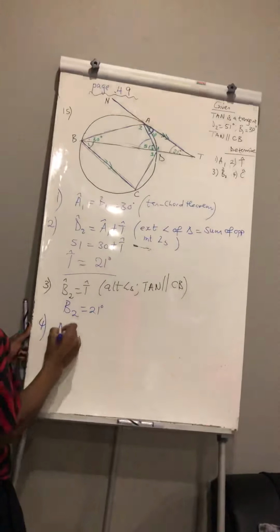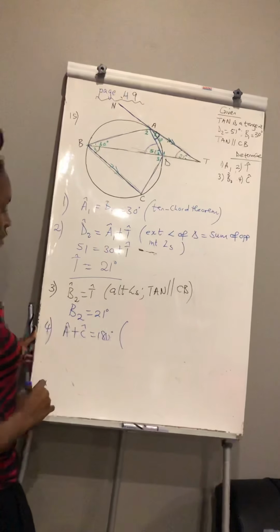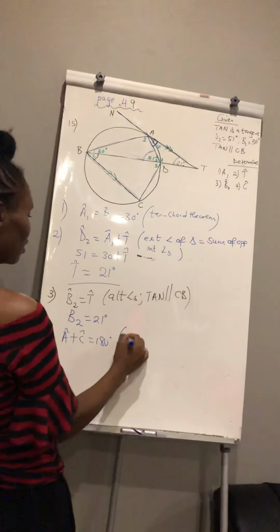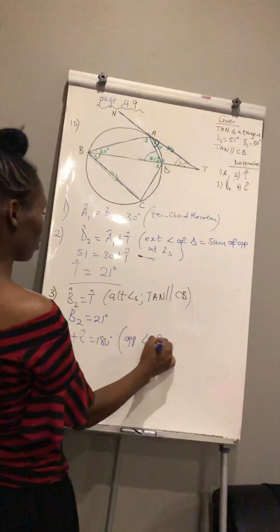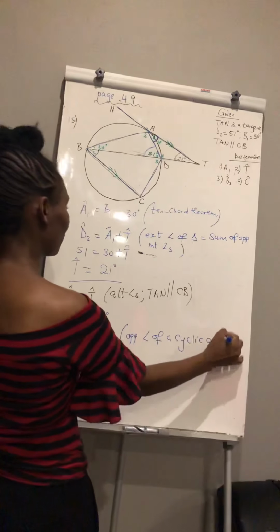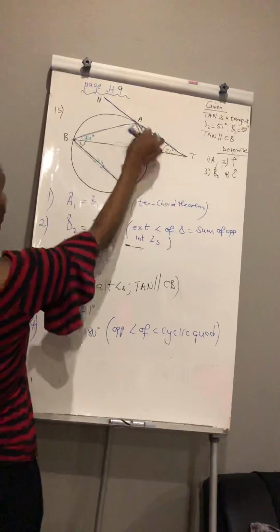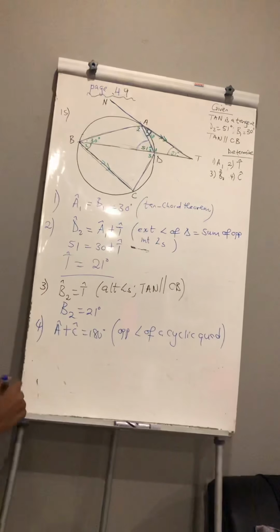So I'm going to write A plus C is equal to 180 degrees. And these are opposite angles of a cyclic quad. It's a cyclic quadrilateral. All four vertices are right on the circumference.